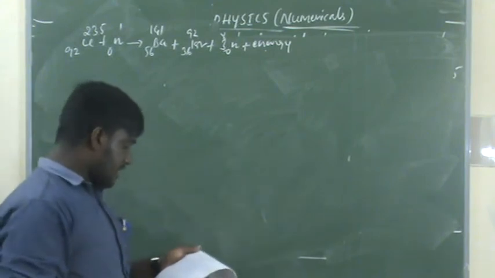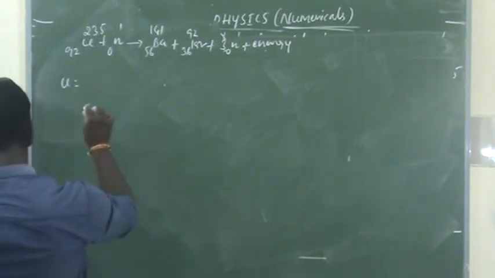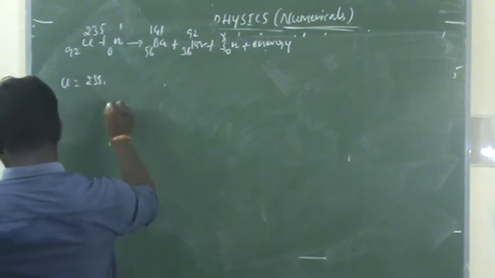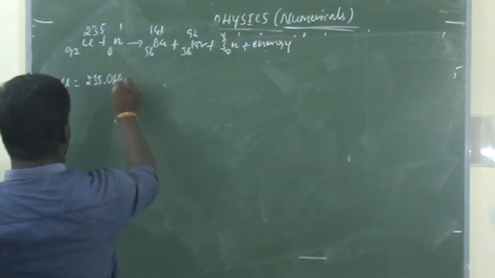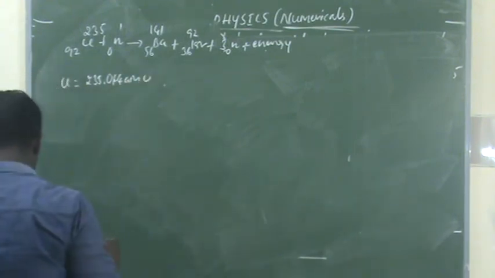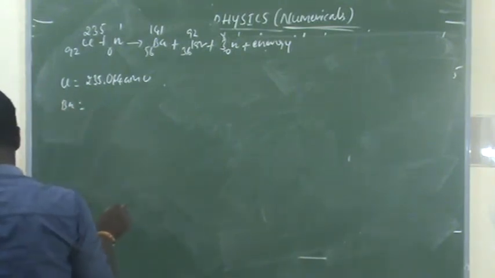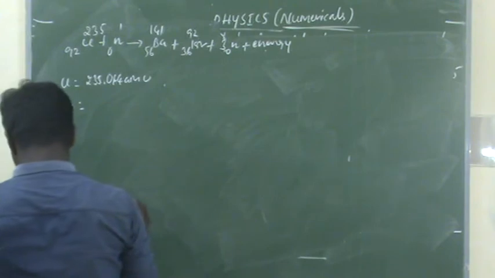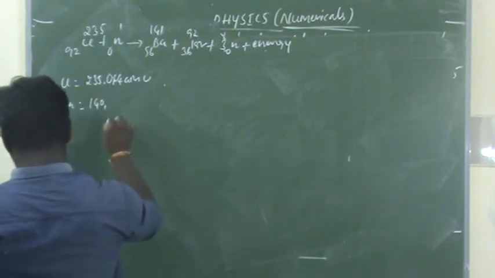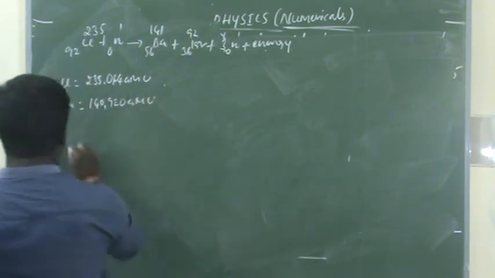Given data: rest mass of uranium is 235.044 atomic mass unit. Barium is 140.920 atomic mass unit.